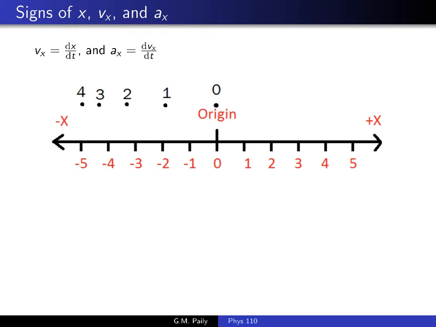Another visual way of thinking about this is to think about the force acting on the object. We know that force and acceleration are connected by the equation F net equals ma. If the force points to the right, so does the acceleration.